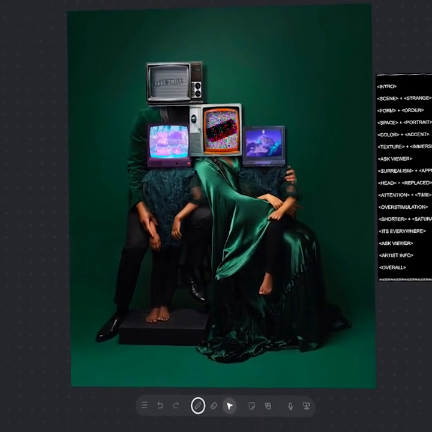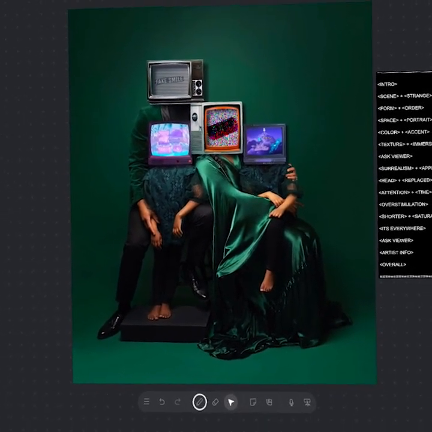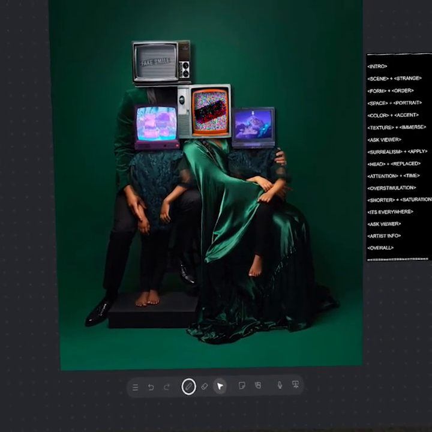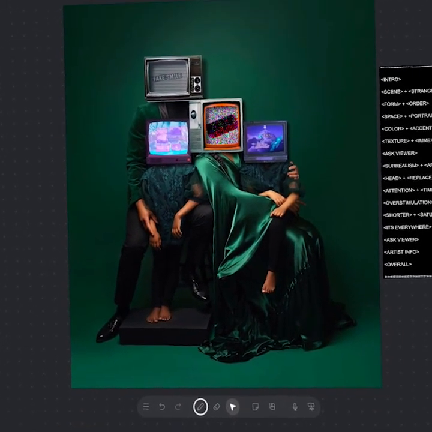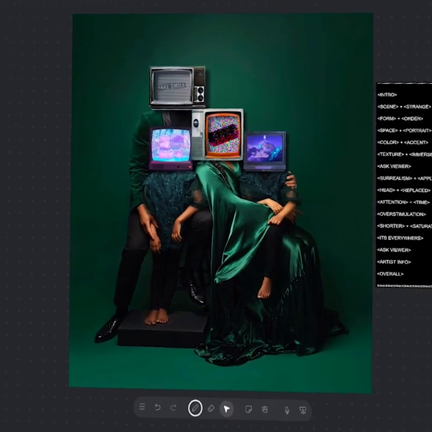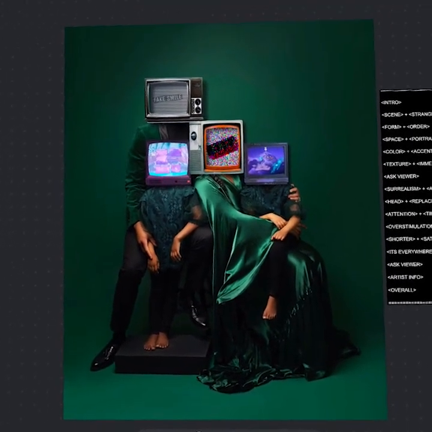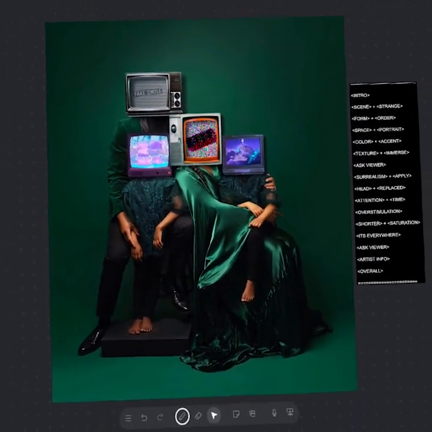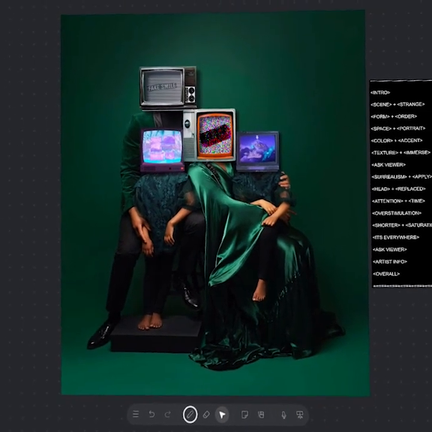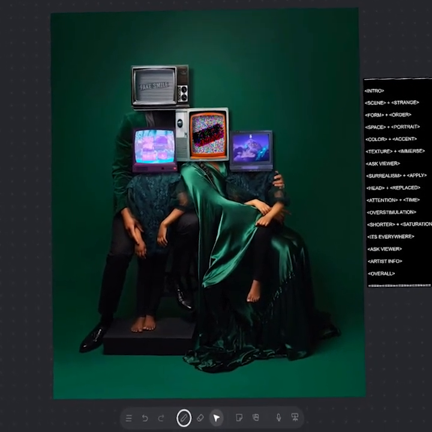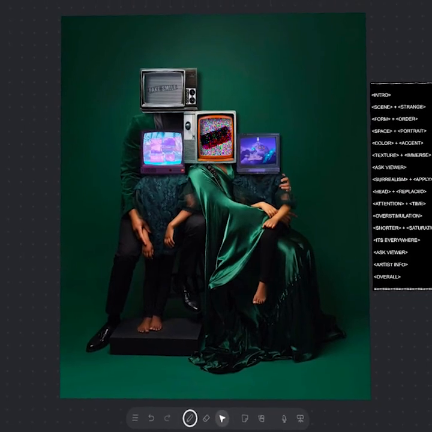Like I said, the head, what is usually seen as a source of attention and knowledge, is replaced with the television, something which captures attention and impacts our knowledge as well. There's also the element of overstimulation within this composition, right? There's this inescapable sense of technology everywhere, from the music in the store to the portals which sit in our pockets.